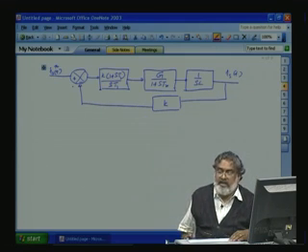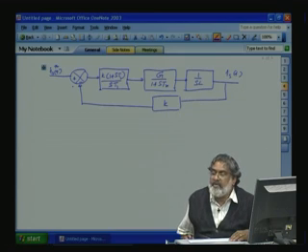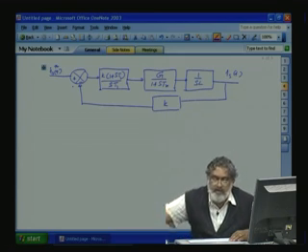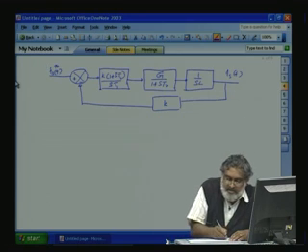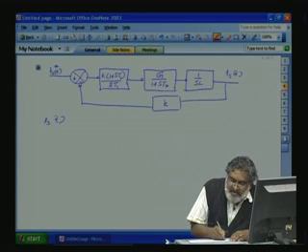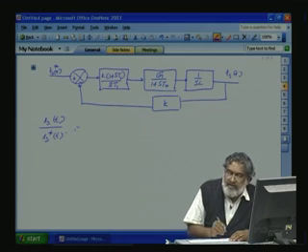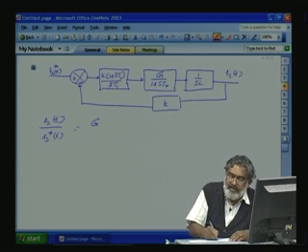Now, let us take the transfer function output by input, that is I_s(s) by I_s*(s), which is G(s) by (1 plus G(s) H(s)), the open loop gain and the closed loop gain.